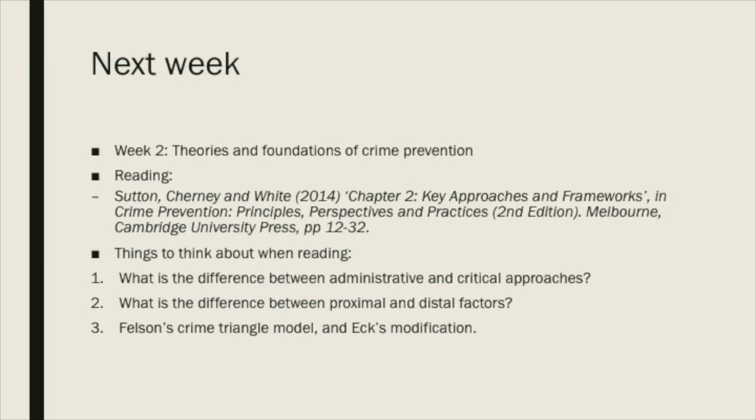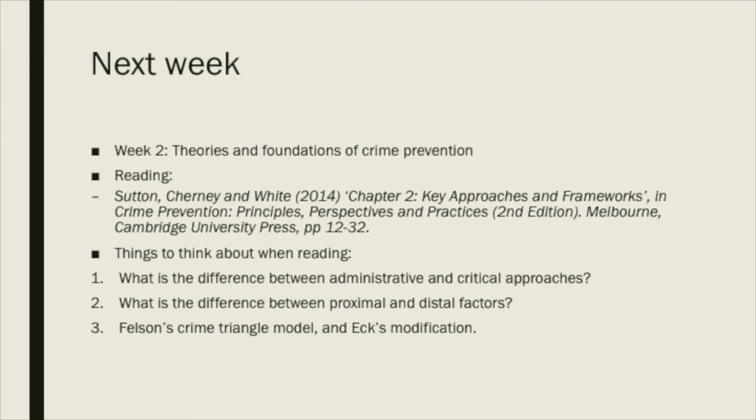Now, one final thing before we wrap up is let's have a quick chat about next week. Week 2, Theories and Foundations of Crime Prevention. Now, the assigned reading for that week is Sutton, Cherney and White, 2014, Chapter 2. And here are some things to think about when reading, studying, and preparing for next week's course. And that is, what is the difference between administrative and critical approaches?